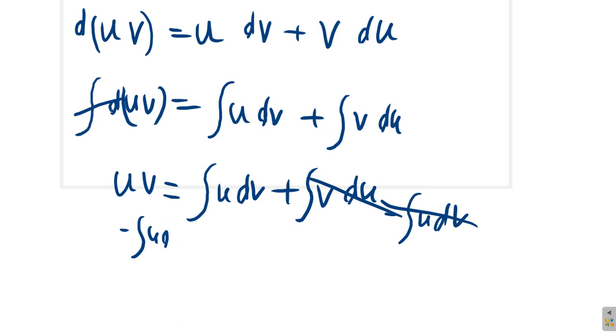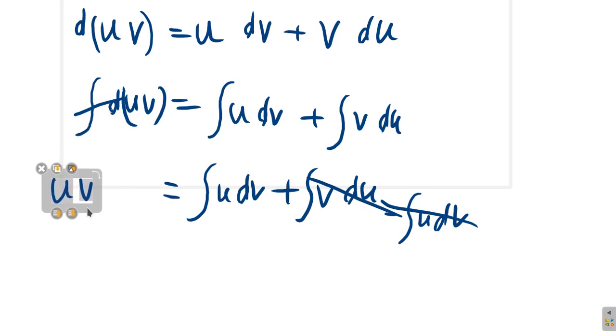So let's put some space there and subtract it. You have uv over here, minus the integral of v du, not u dv, of v du.